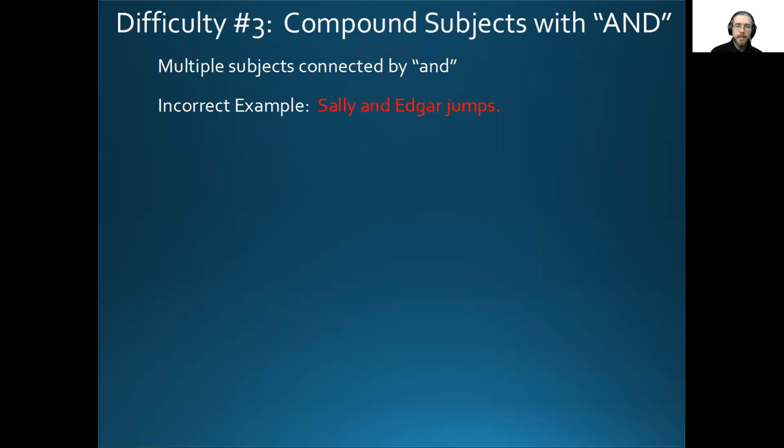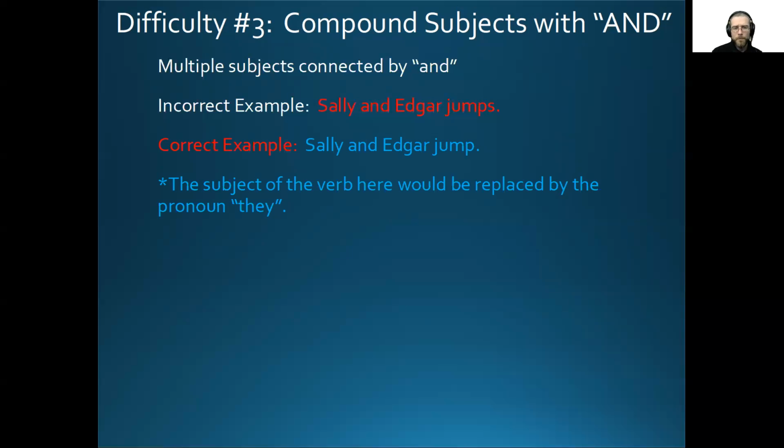I could replace Sally and Edgar with they jump. So the verb jump has to be conjugated in the plural. The correct example would be Sally and Edgar jump. As I said, the subject of the verb here would be replaced by the pronoun they, so it is plural.